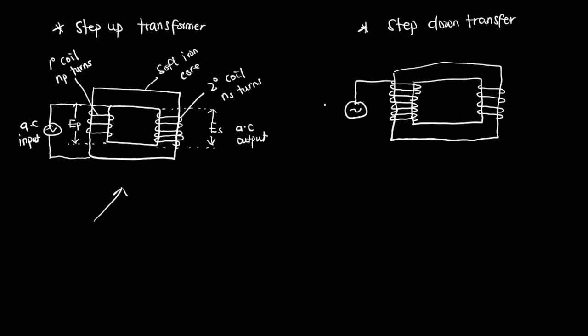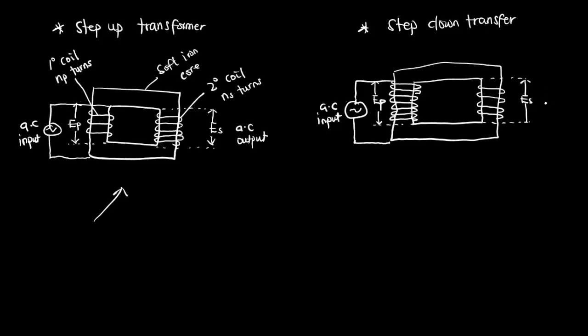So this is our AC input, and the distance from here to here is our input EMF, or our primary EMF, and over here is our secondary EMF.